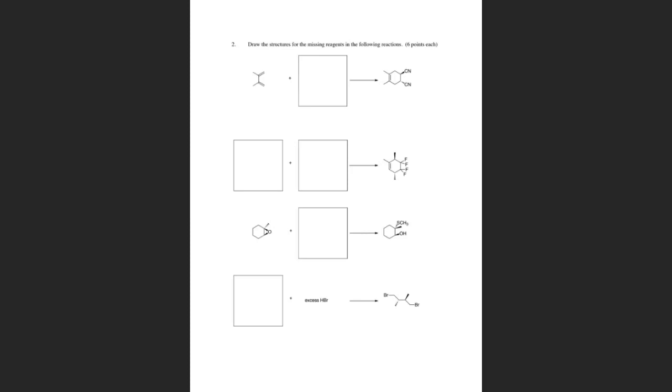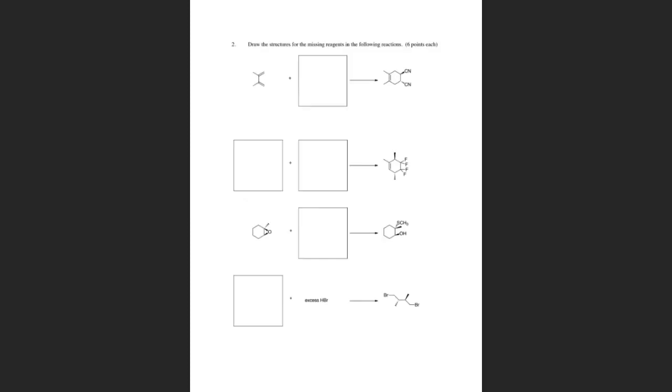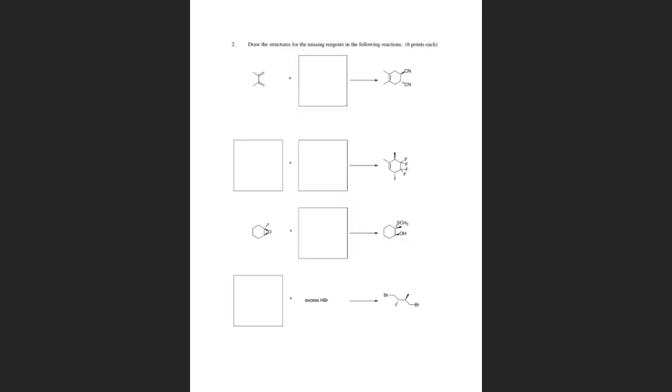Okay, so we're going to really quickly go, I will come back to that in just a second. I want us to be able to do some reactions really quickly. So for number 2, let's do the first 2 reactions.